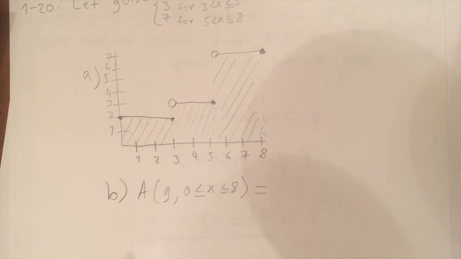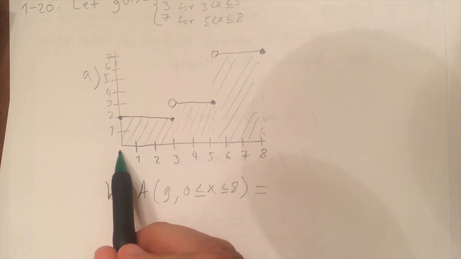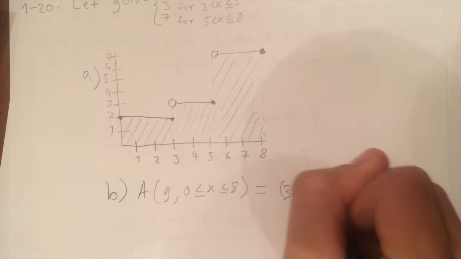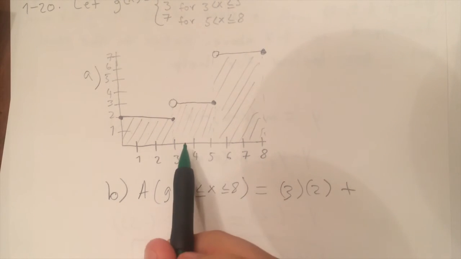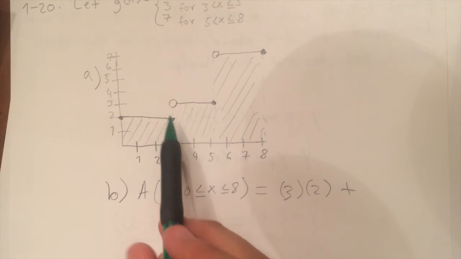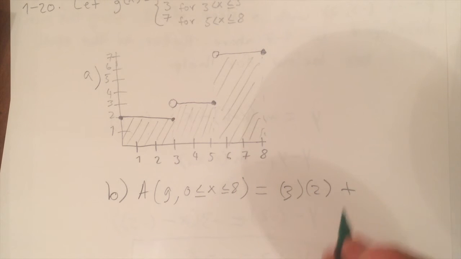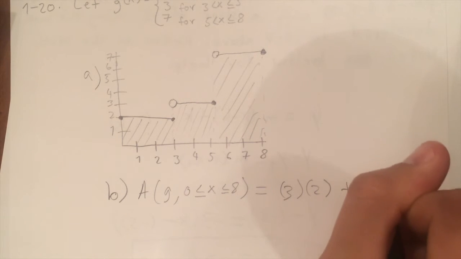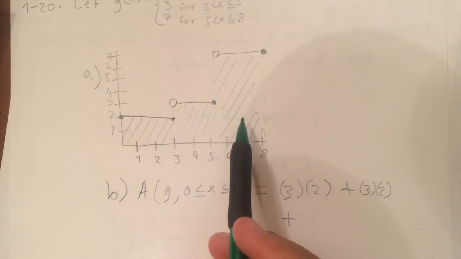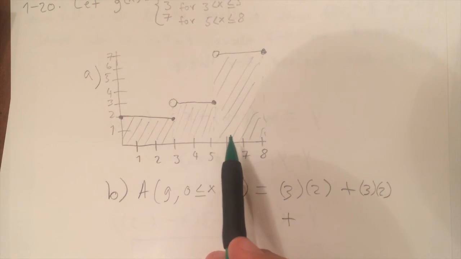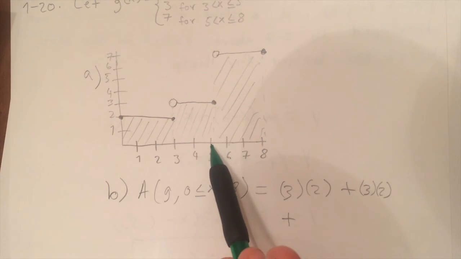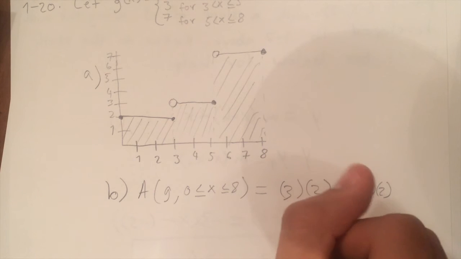For the first one, that is 3 times 2, plus the area of this rectangle, which is also 3 times 2, plus the area of this final rectangle, which is 7 units high times 3 units wide.